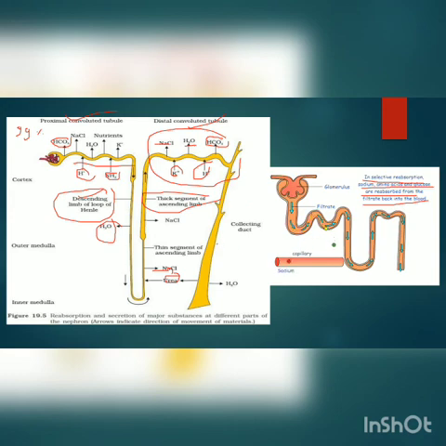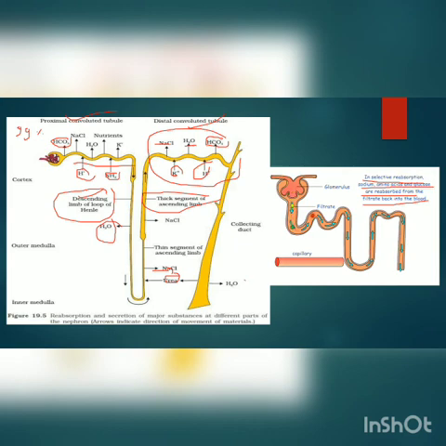Now we will come to the collecting duct. Now what happens in the collecting duct, that I will discuss now. So it is the long duct which extends from the cortex of the kidney to the inner parts of the medulla. So this is the location of the collecting duct.